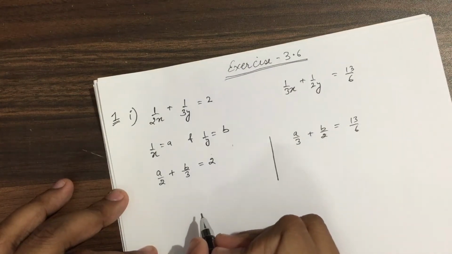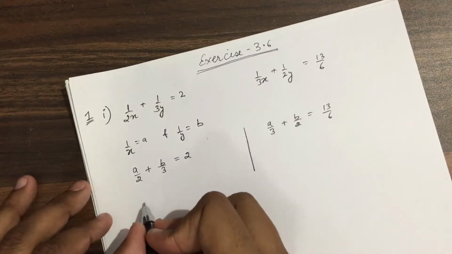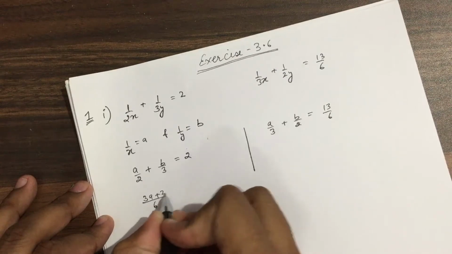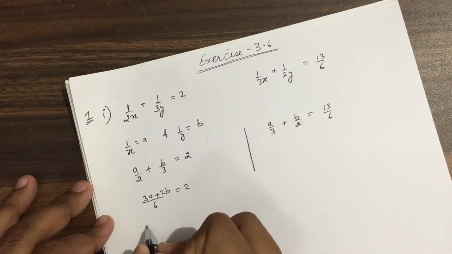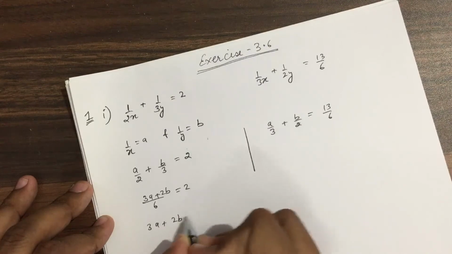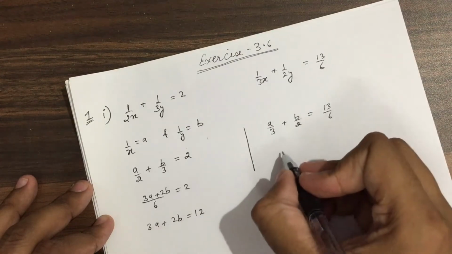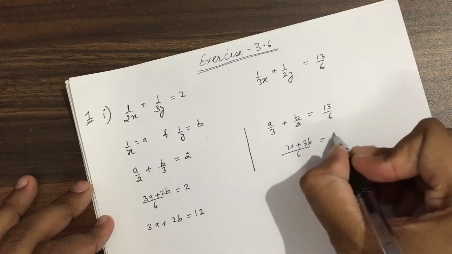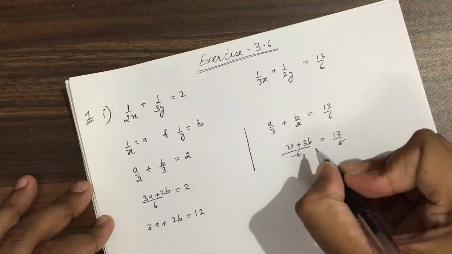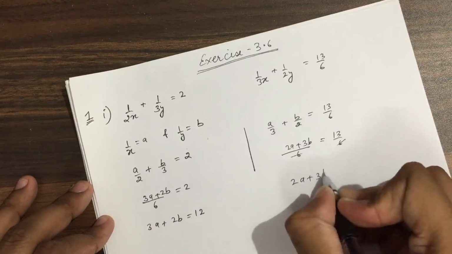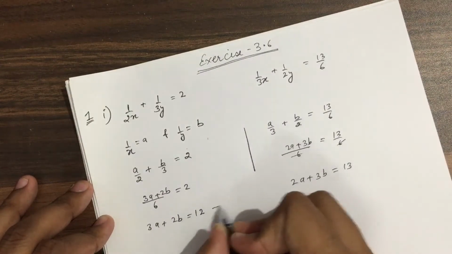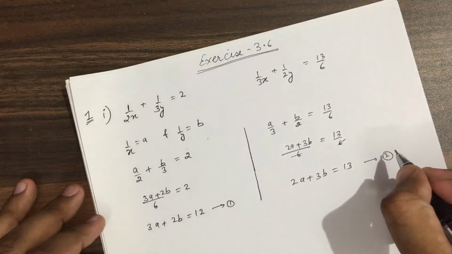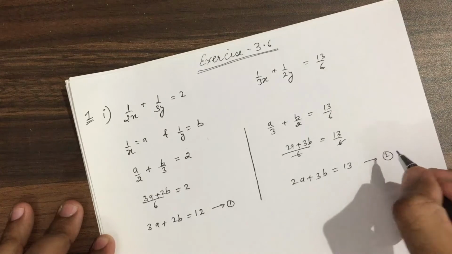On further simplifying, we take LCM 6. So it will be 3a plus 2b equal to 12. Similarly, take LCM 6: 2a plus 3b equal to 13 upon 6, the 6 will cancel, and this will give us 2a plus 3b equal to 13. Mark it as equation 1 and equation 2. So these are your two equations.